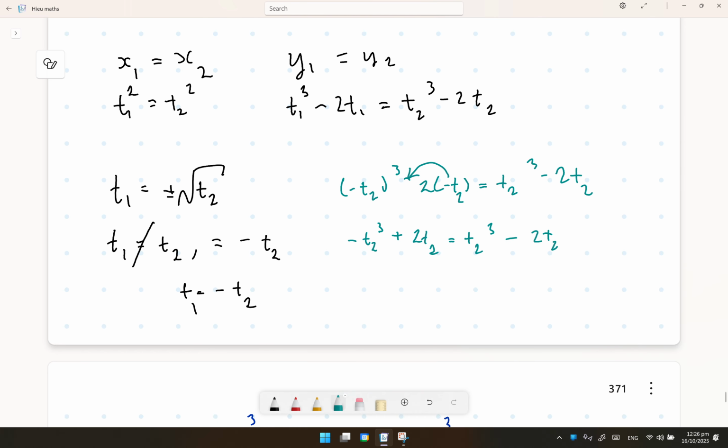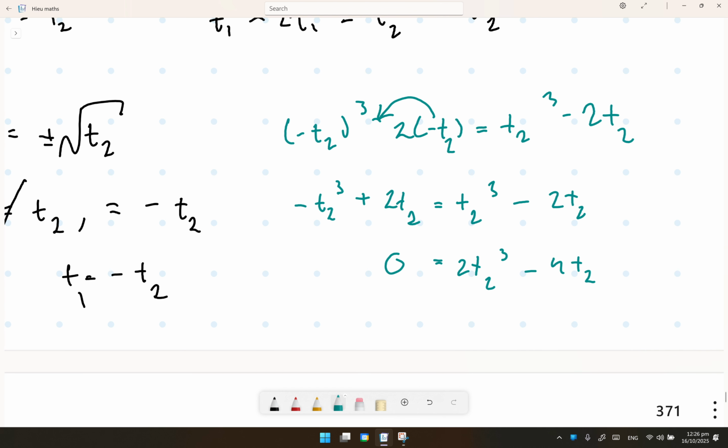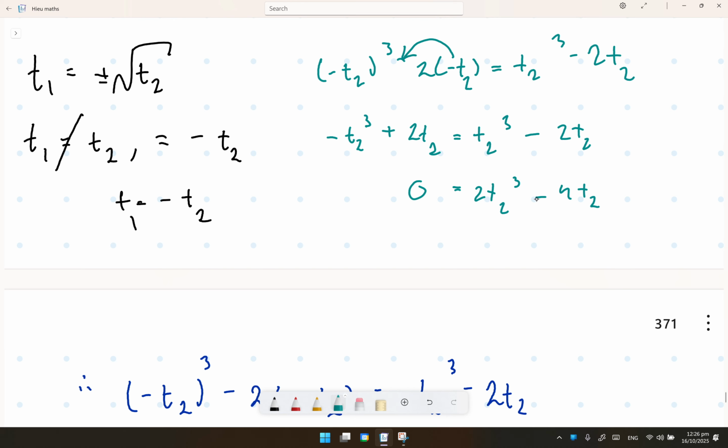And now let's move everything to one side. This is going to be 0 is equal to 2t2 cubed minus 4t2. And now we just need to factorize.